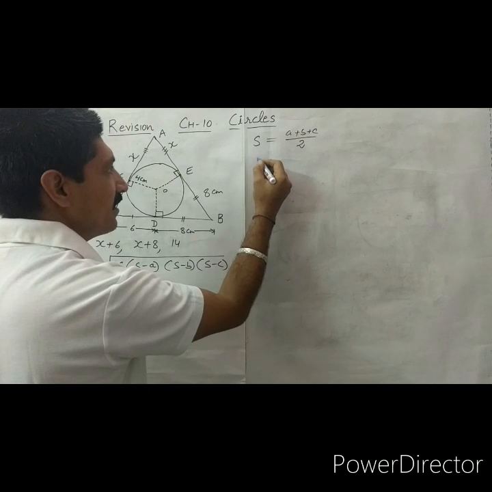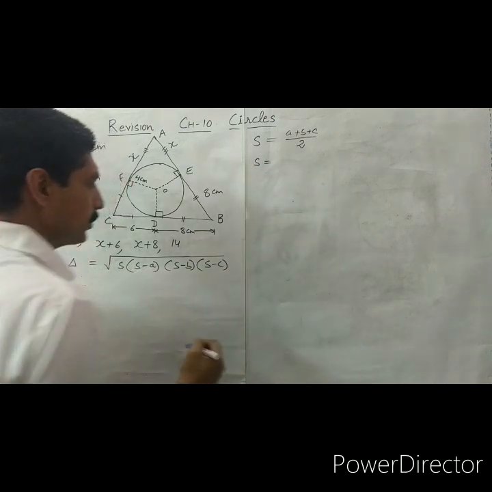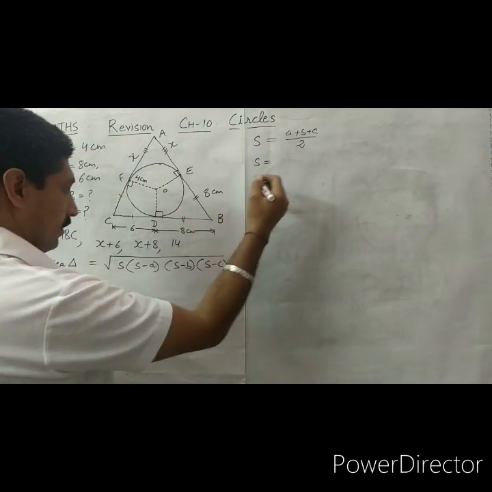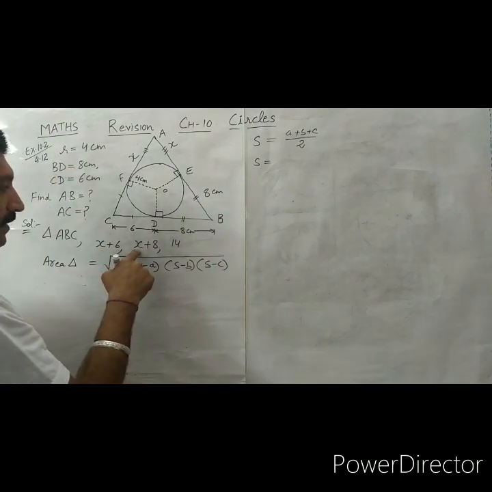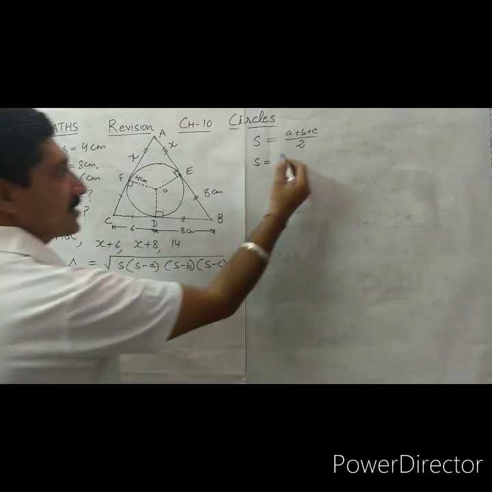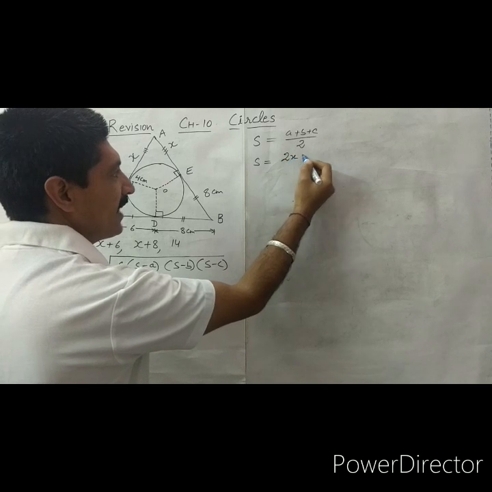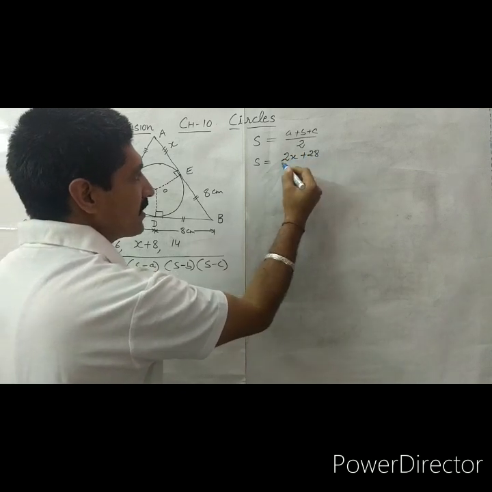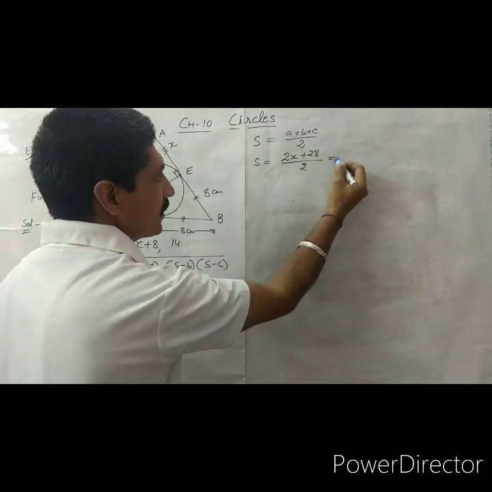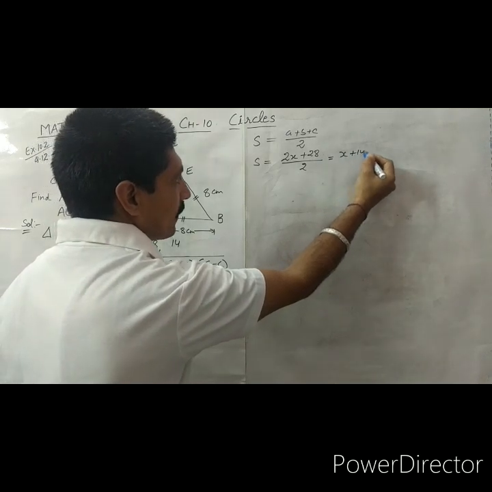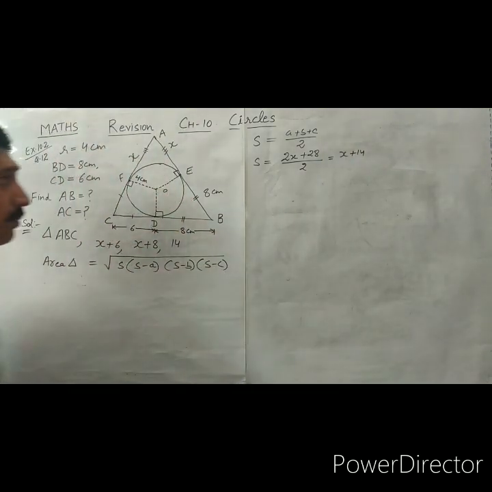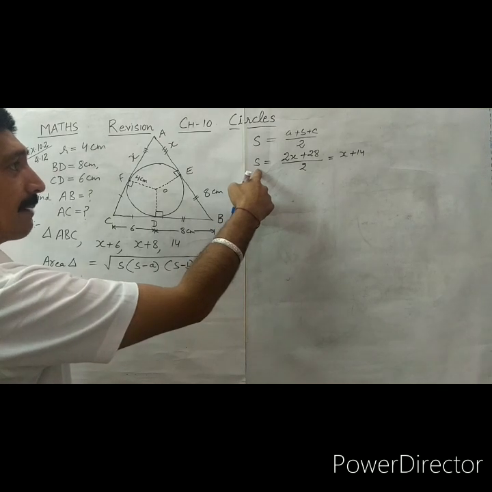So in this case, S is equal to (2x plus 28) upon 2, which is further equal to x plus 14. So this is the semi-perimeter.